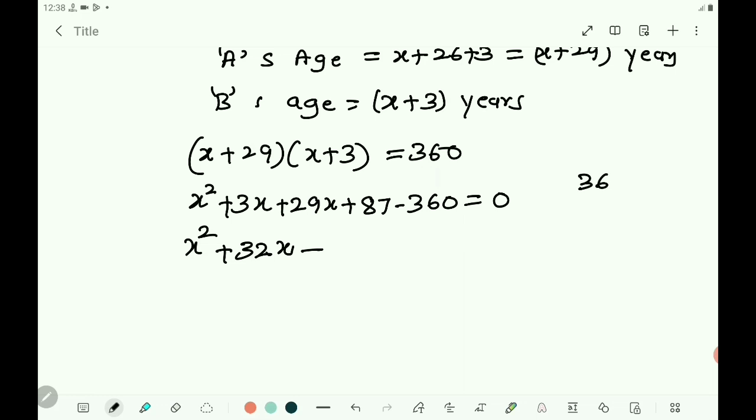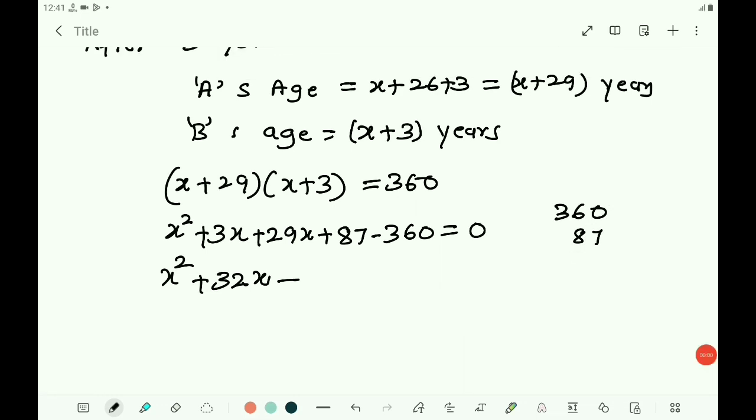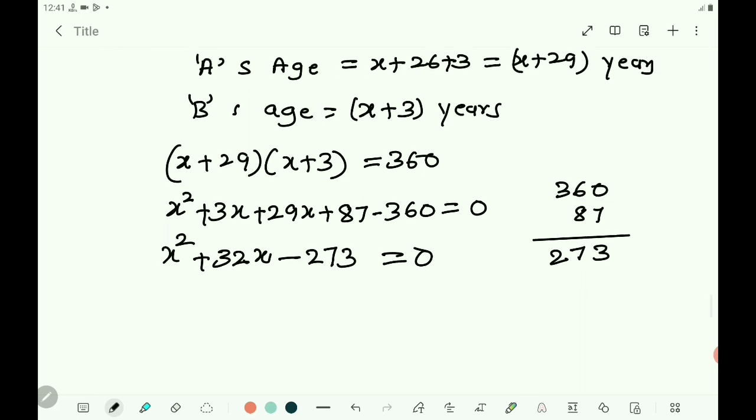Then you take 360 minus 87, 10 minus 7, 3, here 5 is remaining, 15 minus 8, 7, here 2 is remaining. So we got minus 273 equals 0.